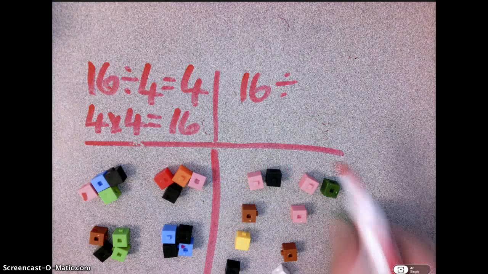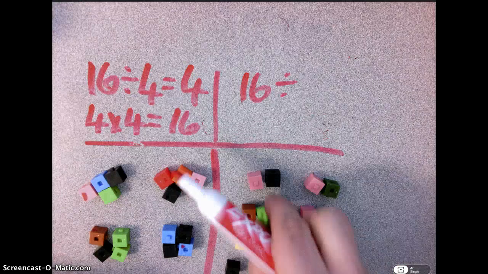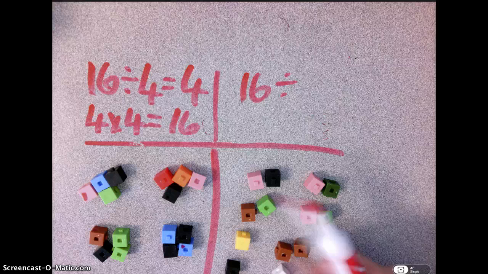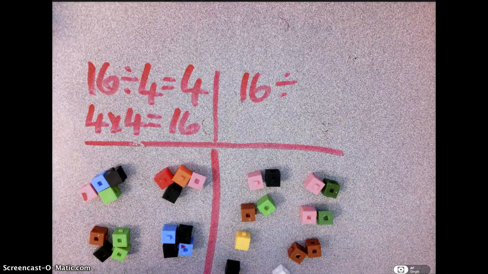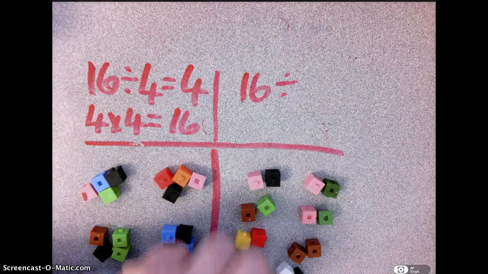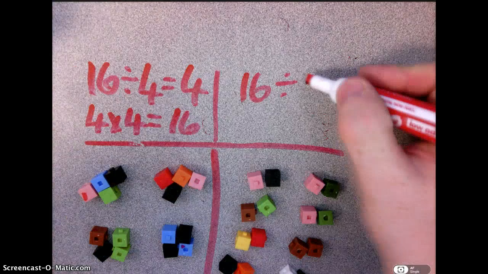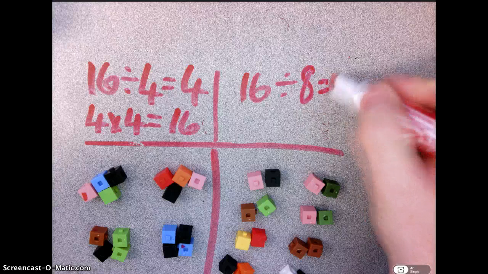And as I'm putting them out, who can tell me how many are in each group? How many are in each group here? Hoping to see some new hands. Charlotte. 2. So 16 divided by 8 equals 2.